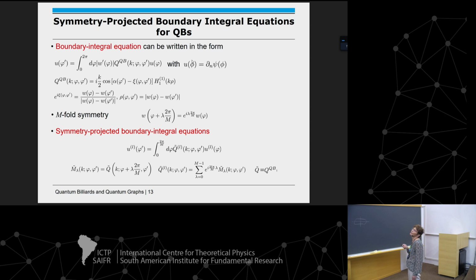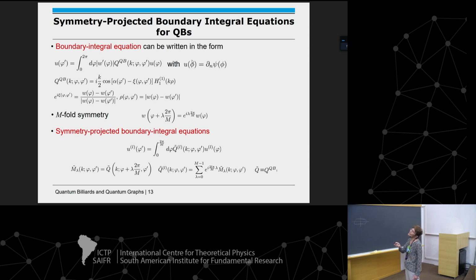And this can now be separated into symmetries by using the m-fold symmetry of your system. So here you have an integral from 0 to 2 pi, and this can be separated into integrals from 0 to 2 pi over m, then from 2 pi over m to 4 pi over m, and so on. And in the end, you get such an expression depending on the symmetry class. So phi and phi prime now take values between 0 and 2 pi over m. And the structure is the same as here.